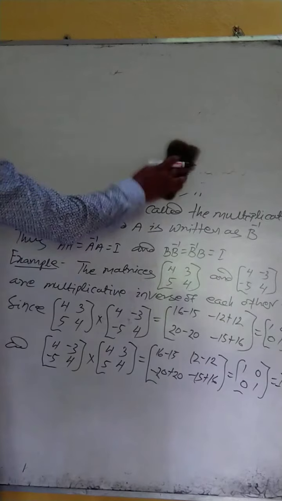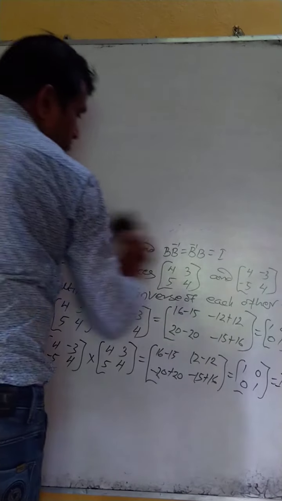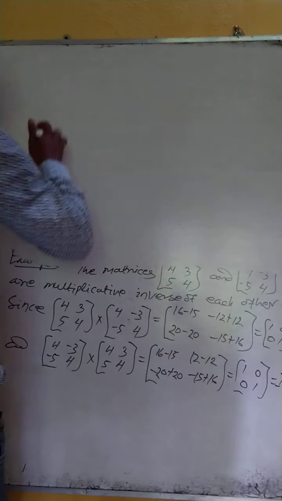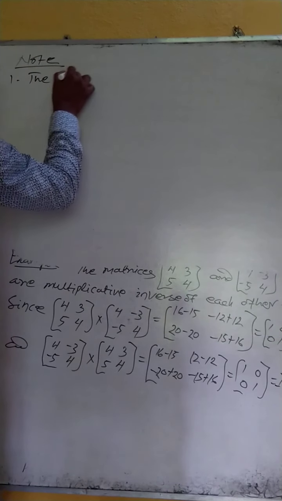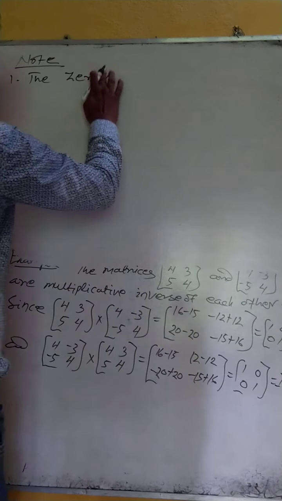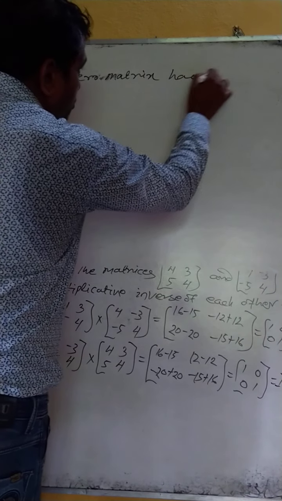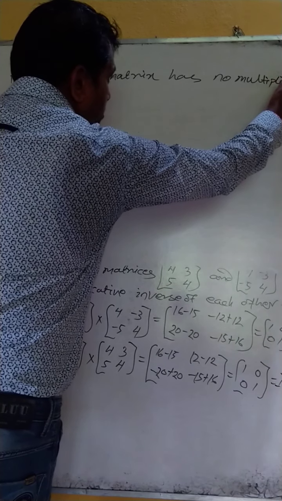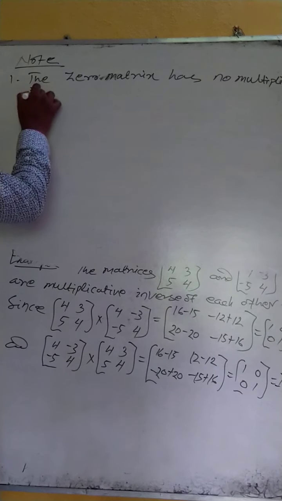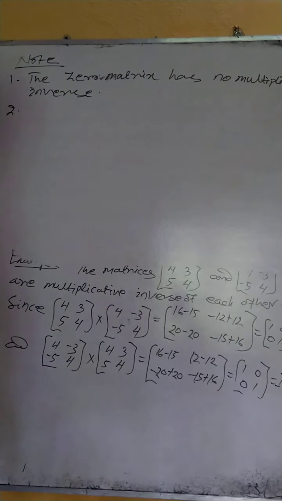The zero matrix has no multiplicative inverse. In the real number system, 0 has no multiplicative inverse. Similarly, the zero matrix has no multiplicative inverse. In the real number system, 1 is the multiplicative inverse of itself.